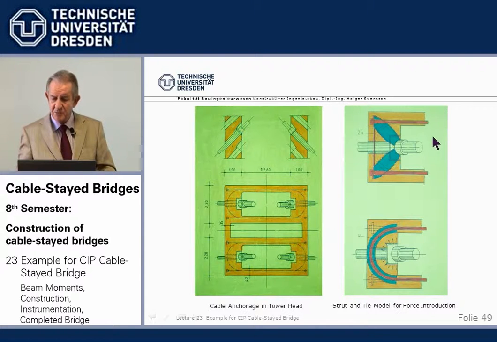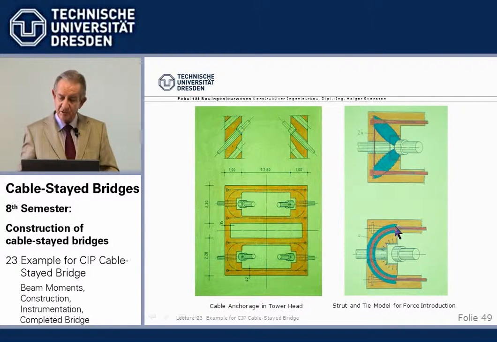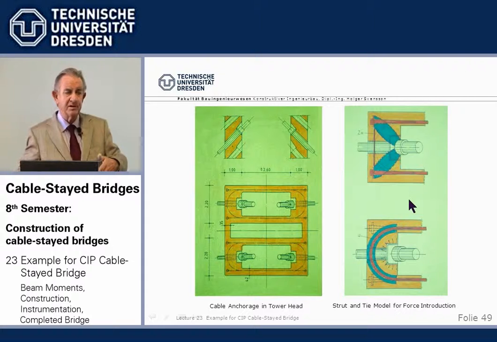Half of the cable force goes in direct compression struts into the end anchorages, and the other half of the cable force is taken by the radial forces from the loop curvature at both ends. And that's the way we take up the cable force.